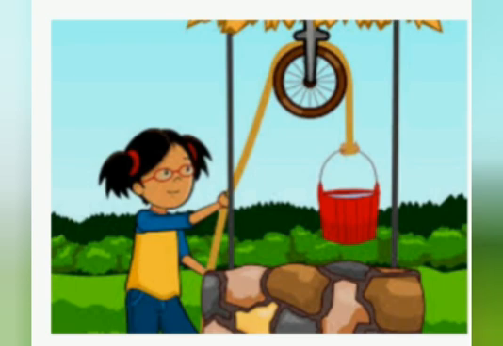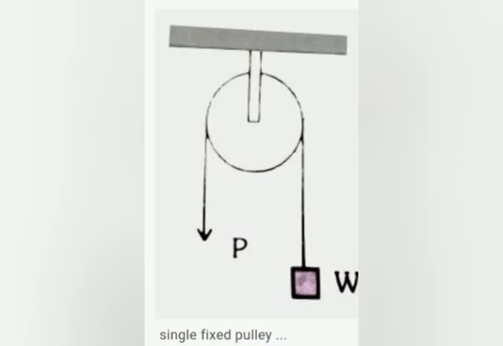The pulley rotates about an axle fixed to the support. The load is attached to one end of the rope. The rope passes over the pulley and the effort is applied at the other end. The effort to be applied is equal to the load to be lifted in the case of a pulley.